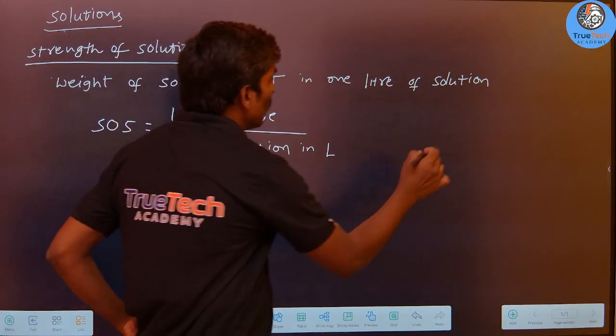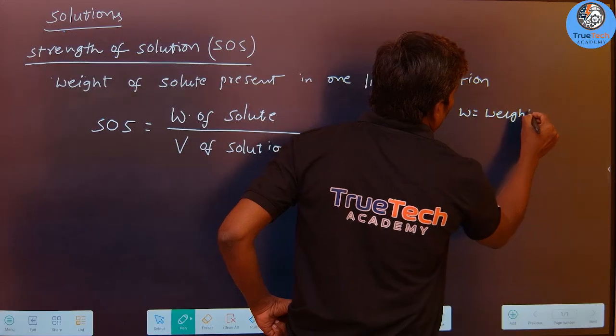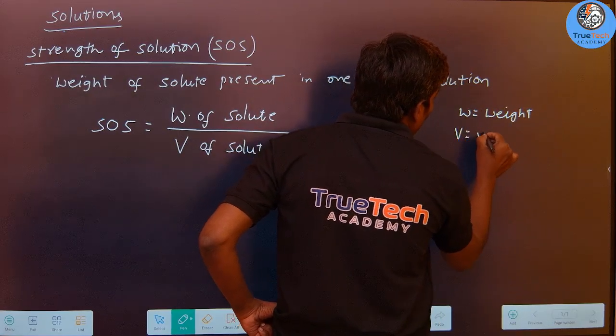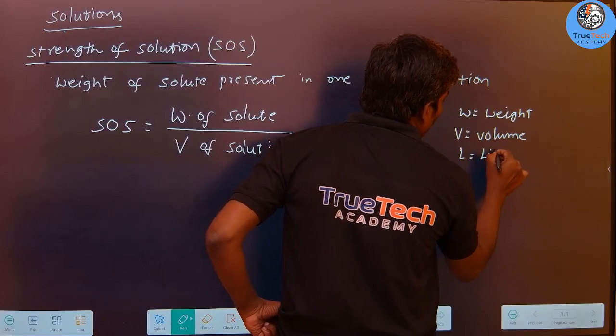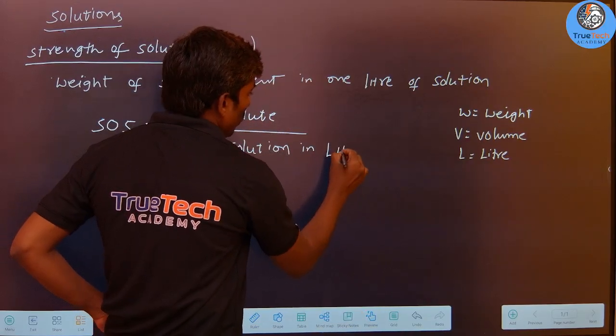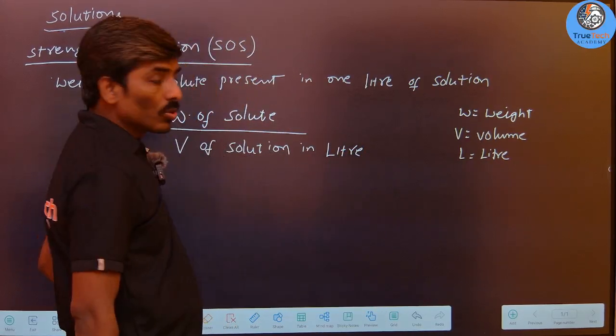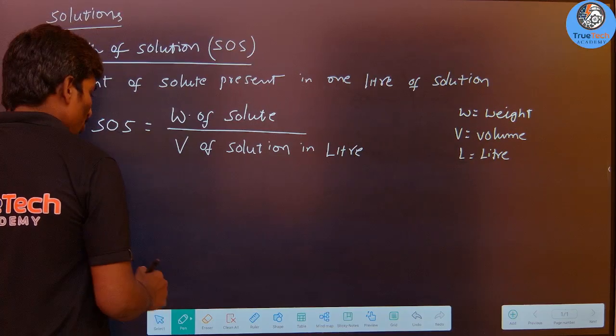Here W indicates weight, V indicates volume, L indicates liters. Or simply you can write, no problem. Okay. So strength of solution is the weight of solute present in 1 liter of solution.